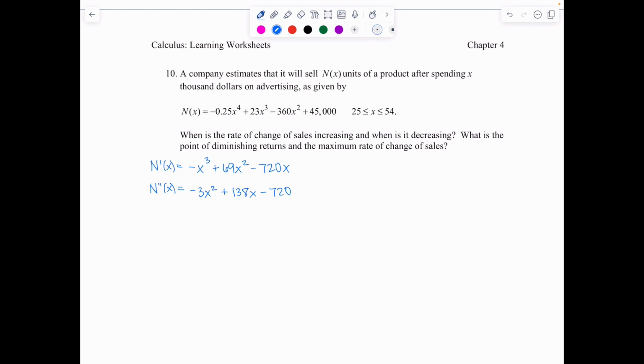And so we can use this to find our partition. So we've got 0 equals negative 3x squared plus 138x minus 720. Let's factor out a negative 3. X squared minus 46x plus 240.